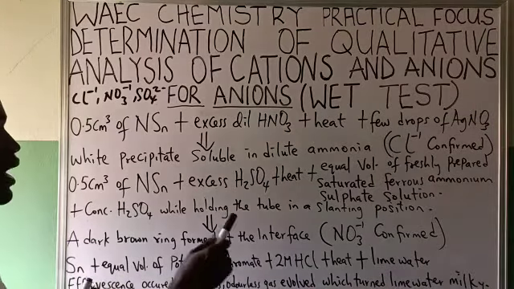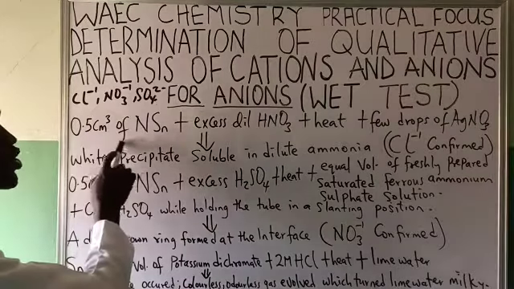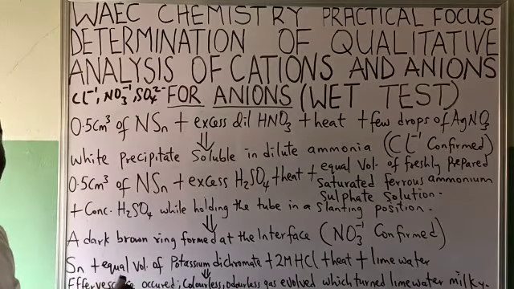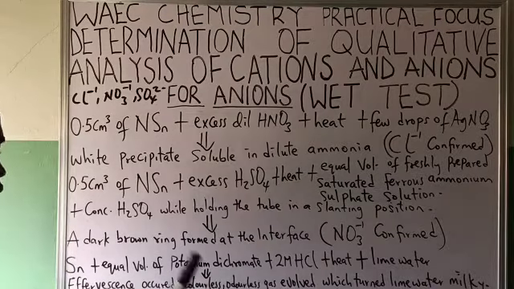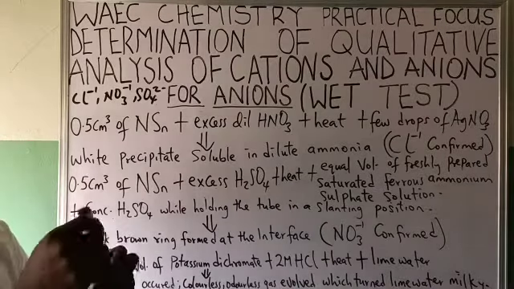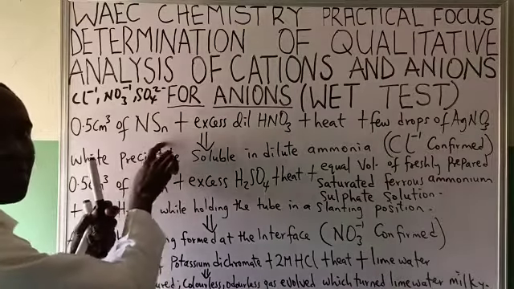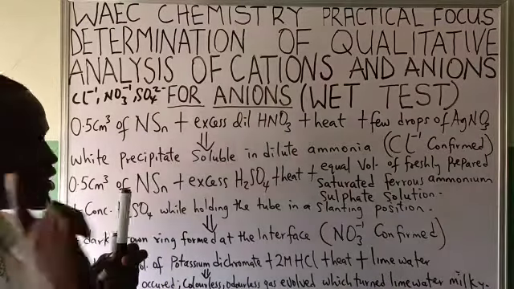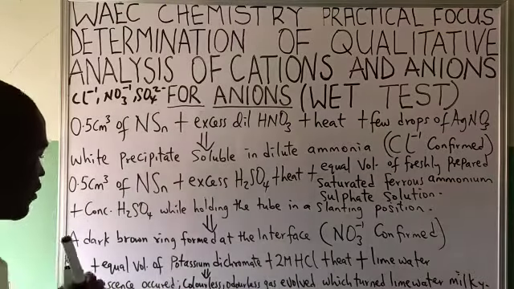Then for your carbonate, you don't do the preparation of this because it's already carbonate ion, so it can take care of the heavy metals that would interfere in the result. So what you do is get the salt sample itself, not the sodium carbonate extract, but the raw salt sample itself.